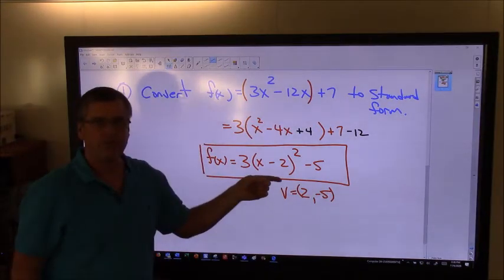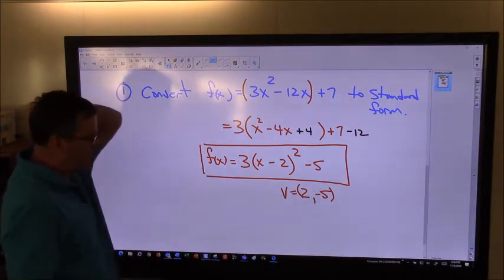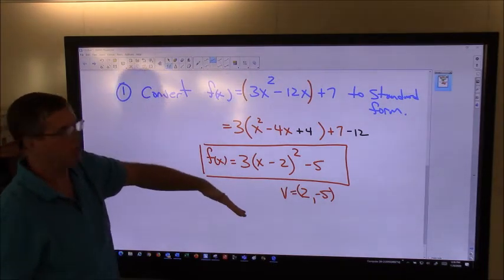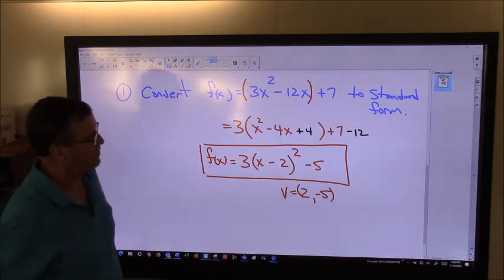That's not the only way to do this, okay? One of the things we want to look at today is there a different way that I could find the vertex without having to do this work? And there is.